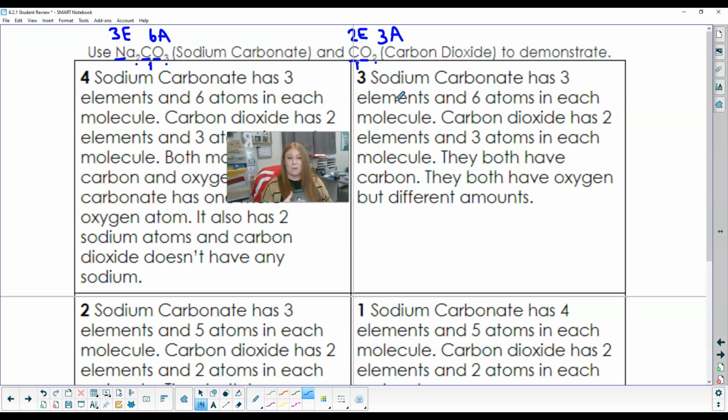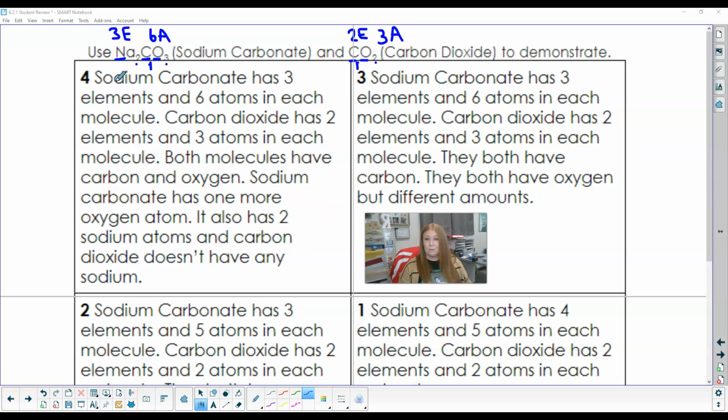So let's look at how we can really elevate our answer here. Sodium carbonate has 3 elements and 6 atoms in each molecule. Carbon dioxide has 2 elements and 3 atoms in each molecule. So far it's exactly the same. Both molecules have carbon and oxygen, which is true. Sodium carbonate has 1 more oxygen atom.